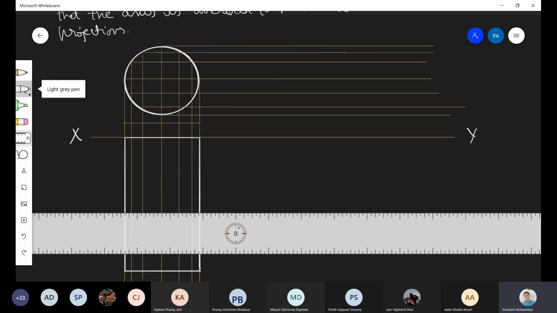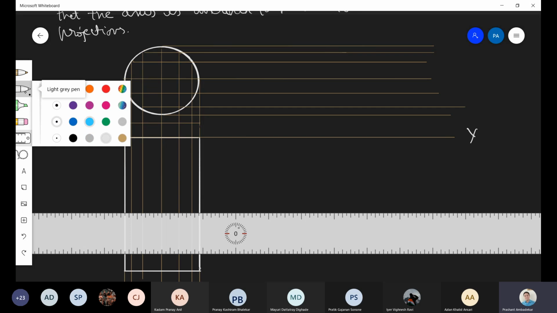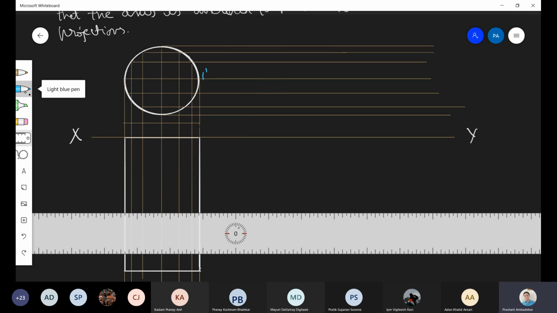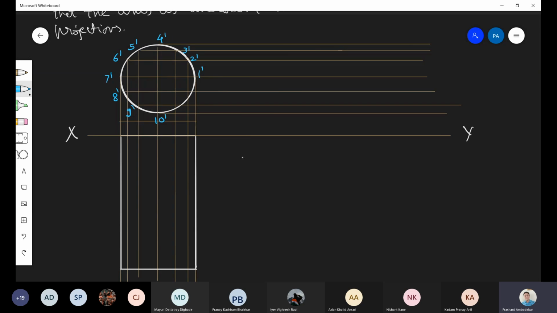that is one. Now we'll number this. Let us start from here. So this is say 1 dash, 2 dash, 3 dash, 4 dash, 5 dash, 6 dash, 7 dash, 8 dash, 9 dash, 12 dash.